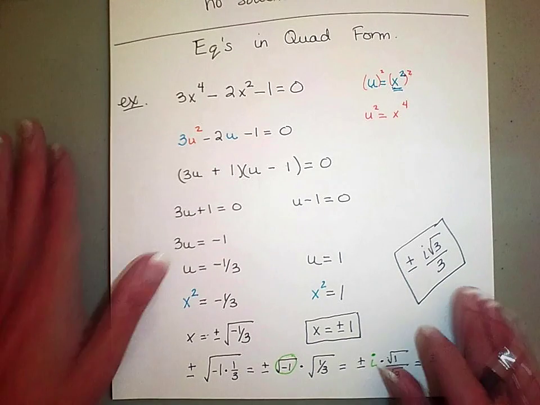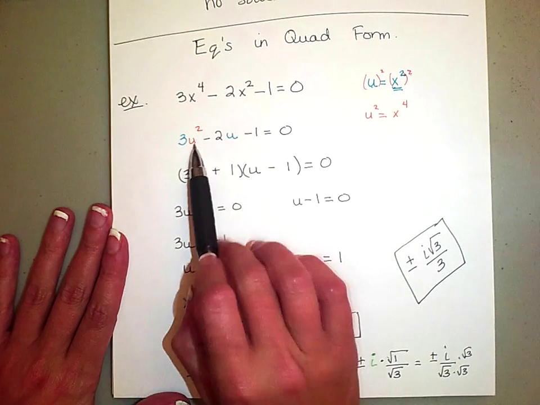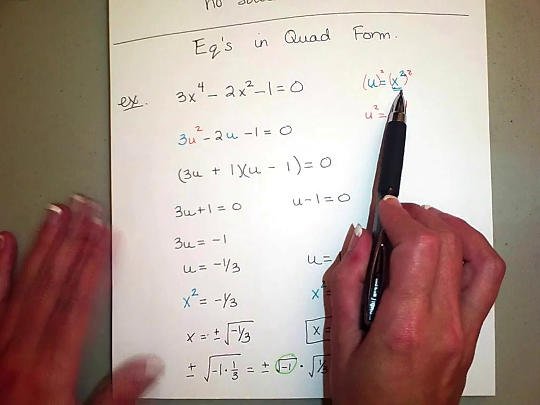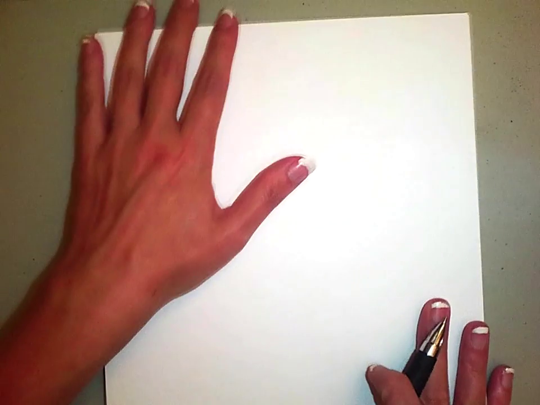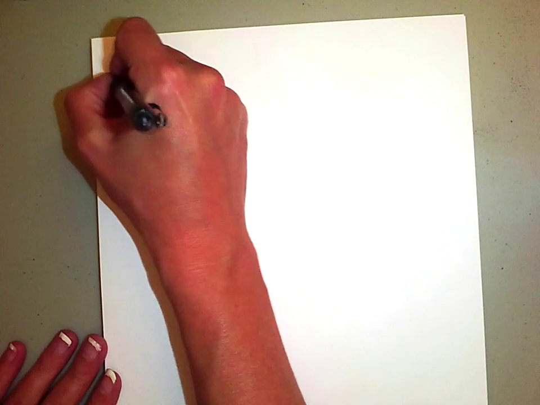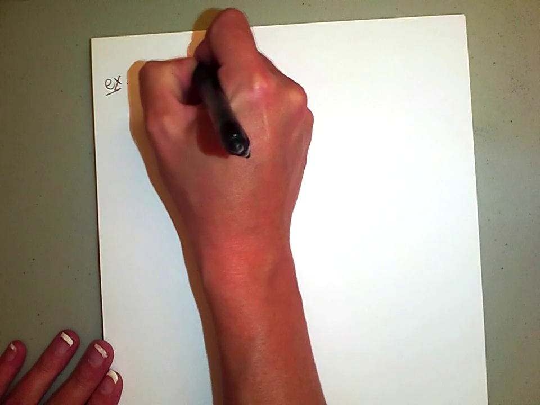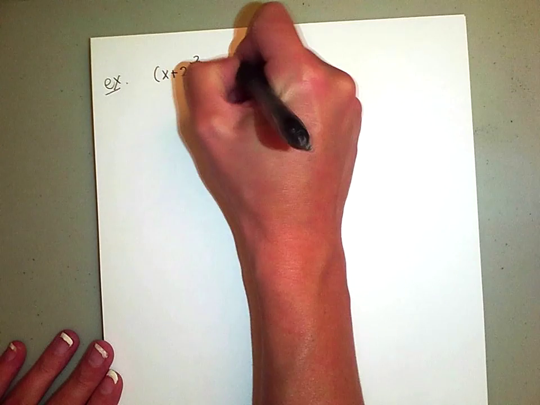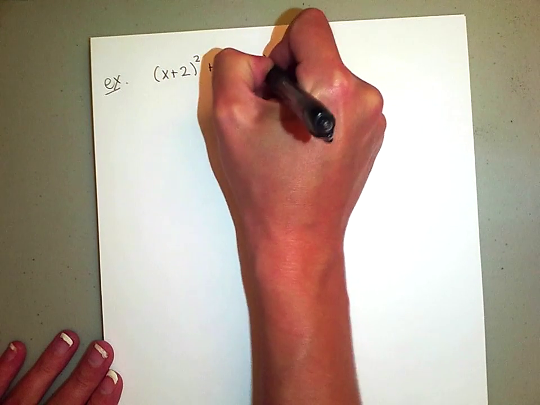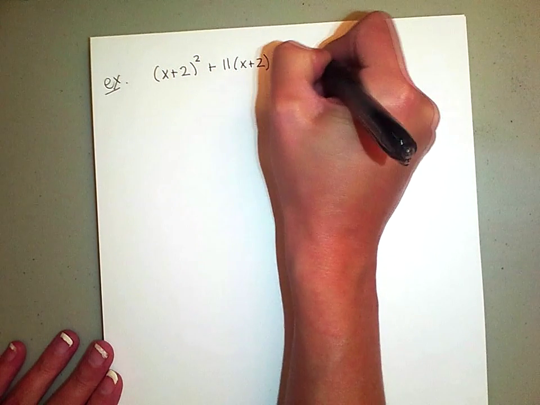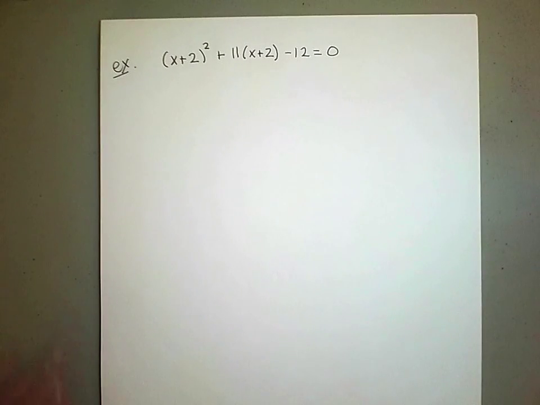Okay, let's try another one. Okay, so this was quadratic in form by doing a u substitution in this way. Okay. Here's another one. We could have x plus 2 squared plus 11 times the quantity x plus 2 minus 12 equals 0.